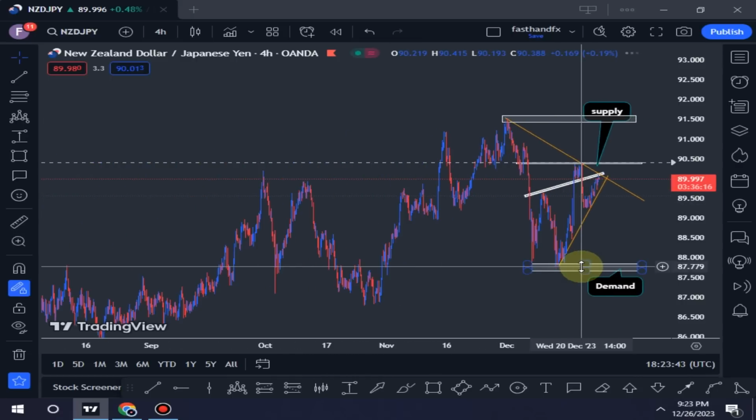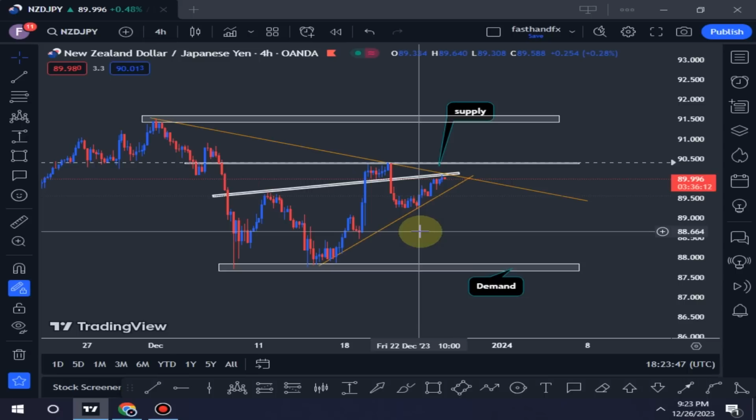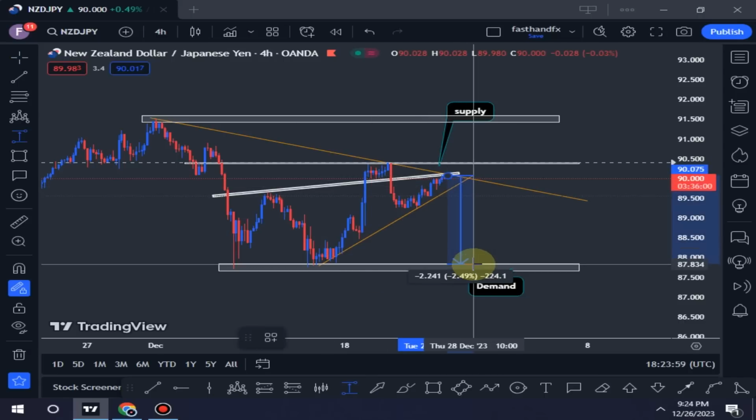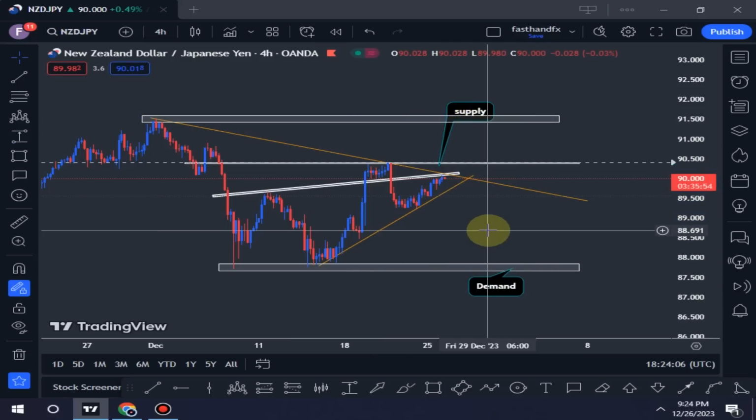But I don't like taking trades that have a potential of like 100 pips, 50 pips, 80 pips. I don't like those. I like trades that have potential of 200 pips. On that 200 pips, guys, you can at least get more than 100. On 100 pip trades, who knows, the market might not give you 100.